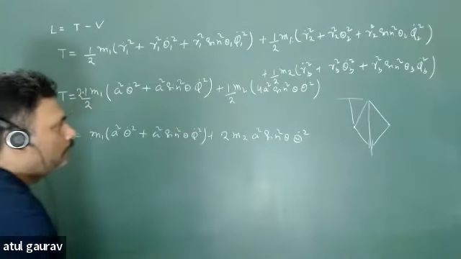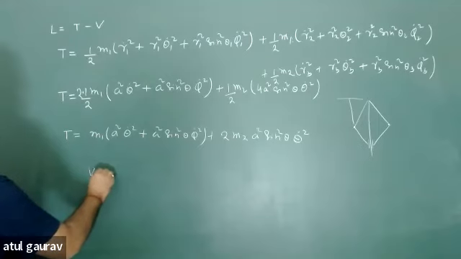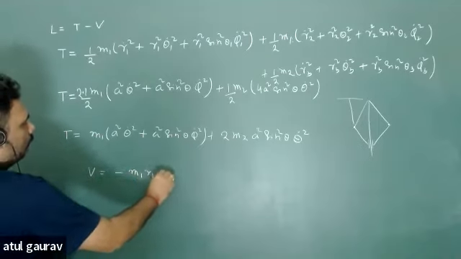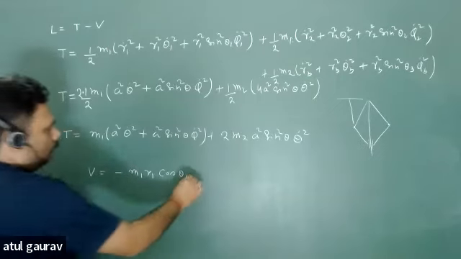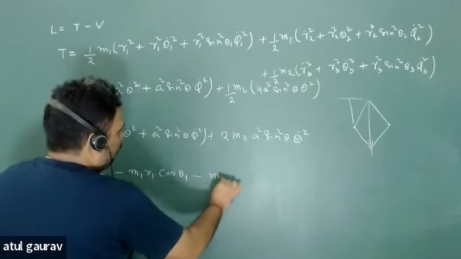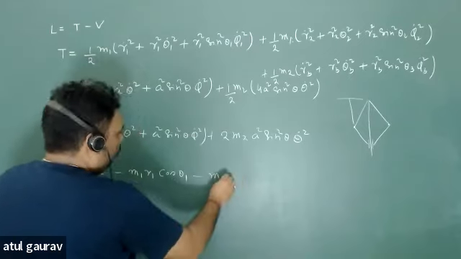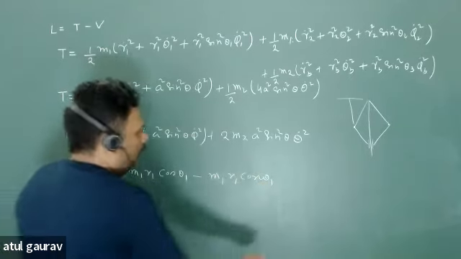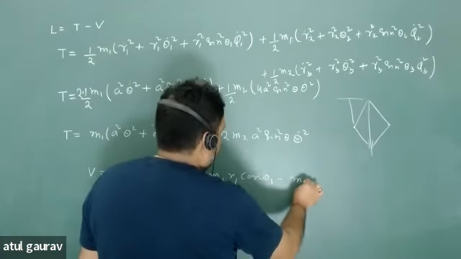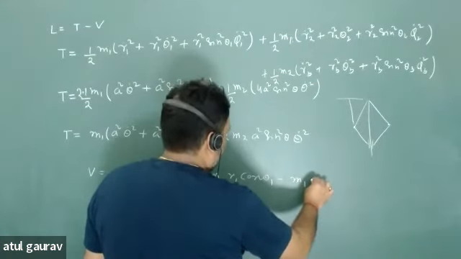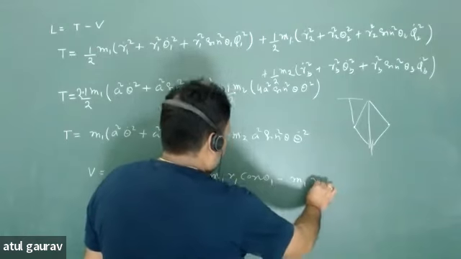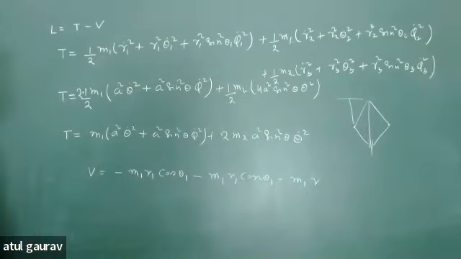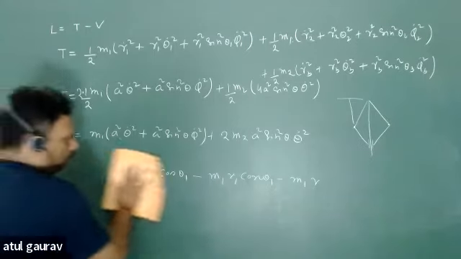So the potential energy for the first particle is minus m1 r1 cos theta 1, and sorry, this is not r1. Just a minute. Wait.